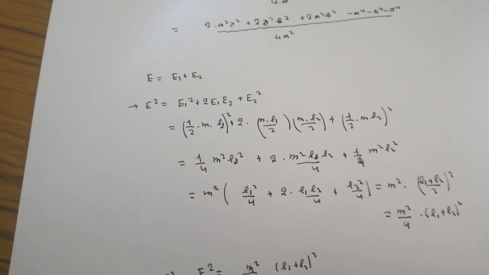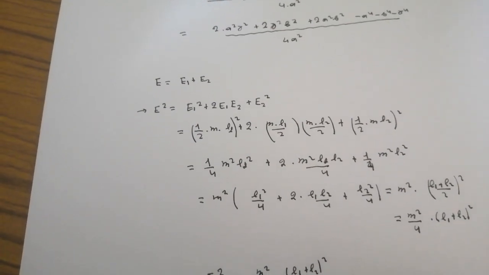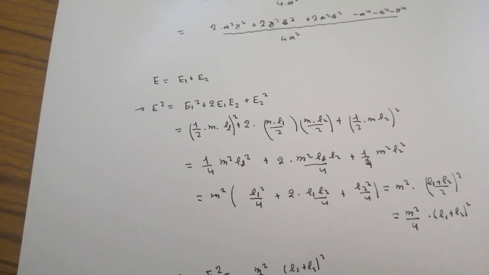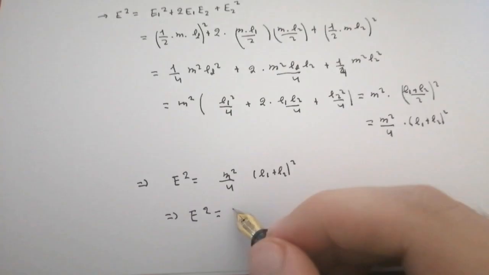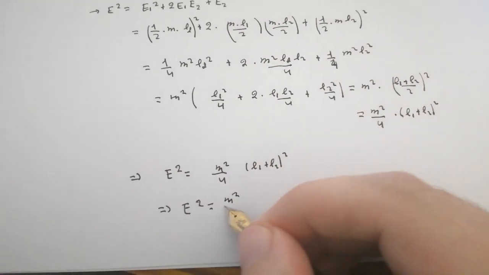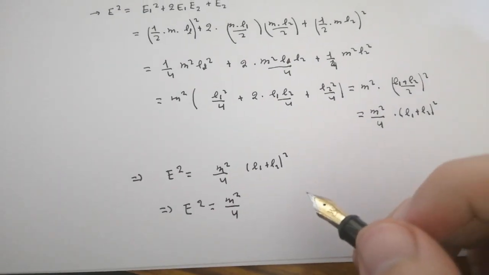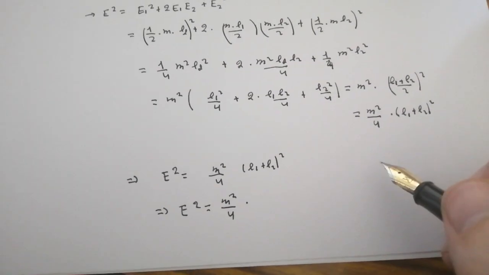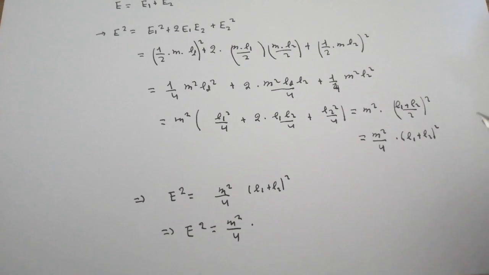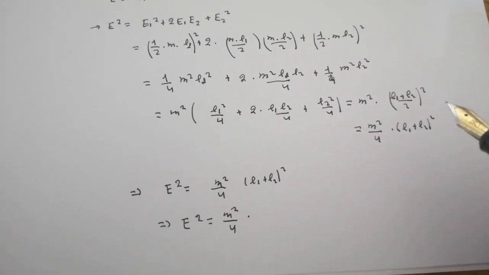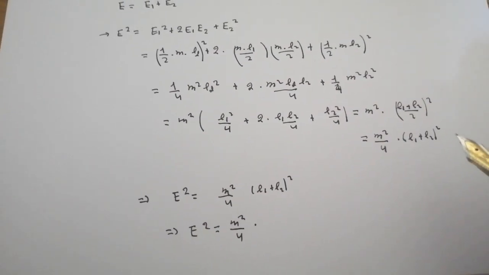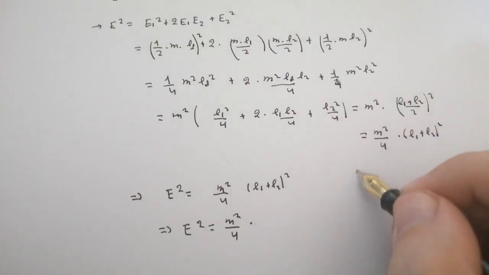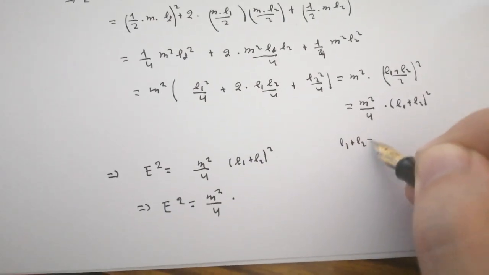So this can be written as m squared over 4 times L1 plus L2. What is L1 plus L2? Let's do this calculation on the side.